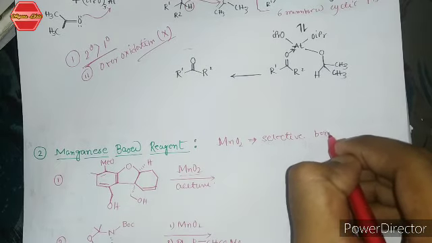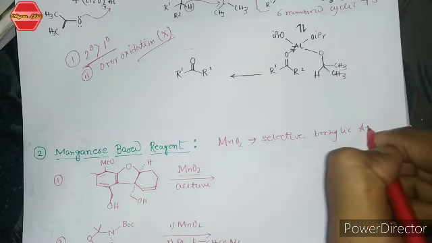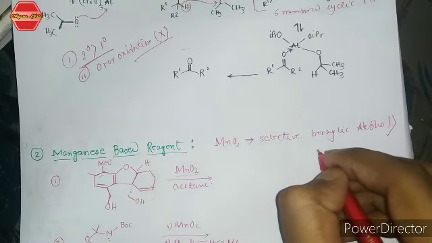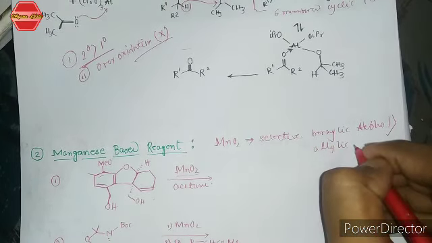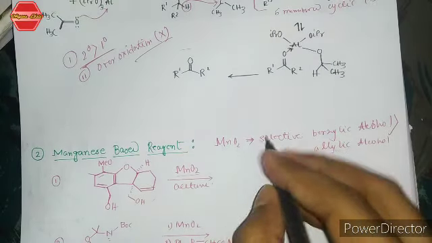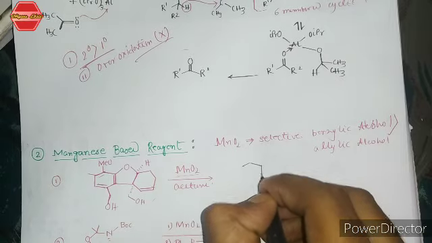Okay, so benzylic alcohol will react faster than allylic alcohol. So what will be your product? Your product looks like this.